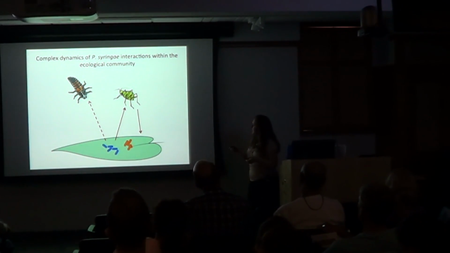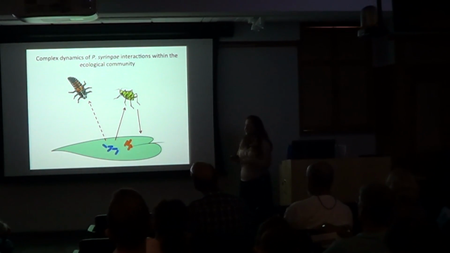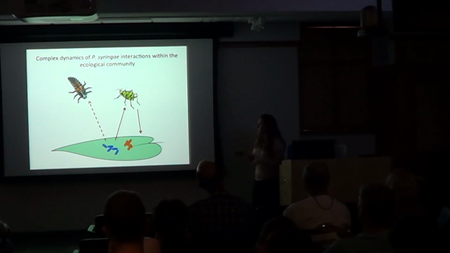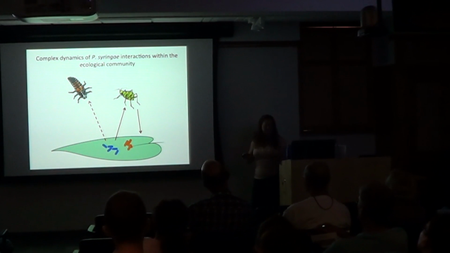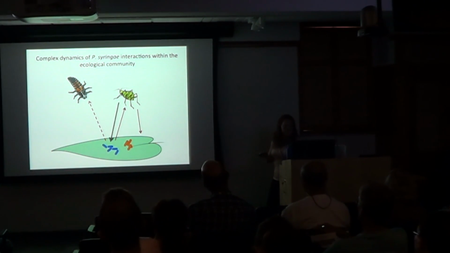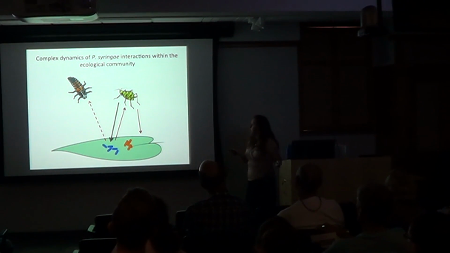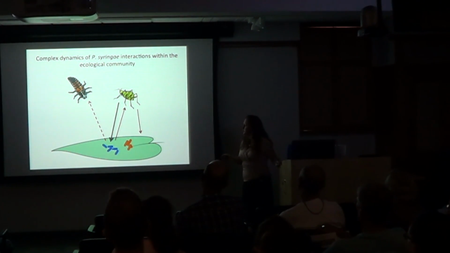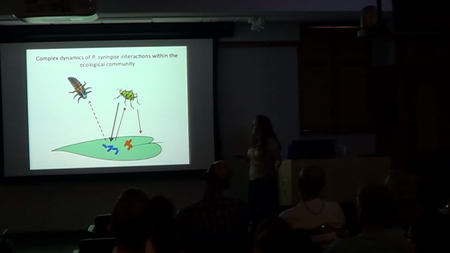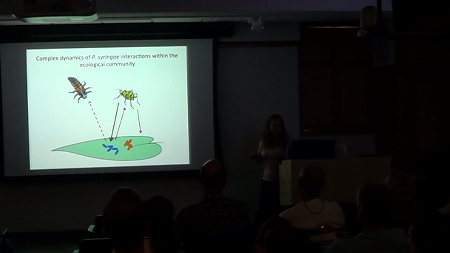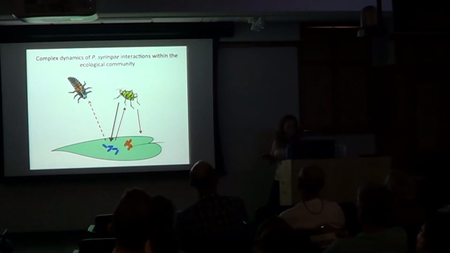We know that syringae can apparently impact aphid feeding and aphid reproduction, which of course would have an influence on plants as it changes the aphid populations. And then over time, we're hoping to get a better sense of how the aphid also impacts the bacterial population, to understand what those effects are and when they're meaningful.